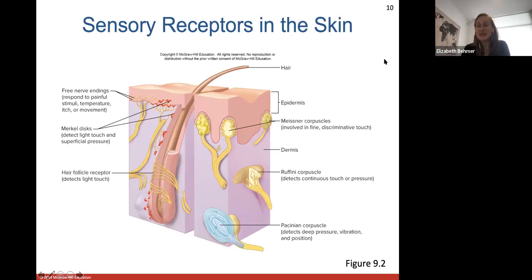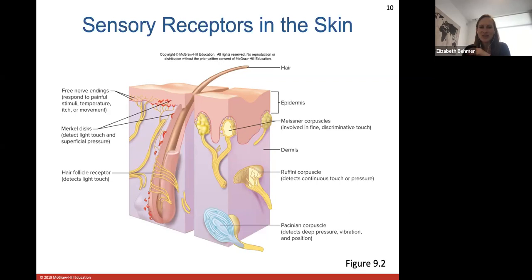And for good reason, because your skin is your body's first line of defense to tell your brain what is going on around it. So you'll see temperature receptors, touch receptors, pain receptors, deep pressure, vibration, and position receptors, all found in the integumentary system, the dermis and epidermis of your skin. And that's where you want your sensory receptors. Your body's first line of defense should know what's happening around it at all times.